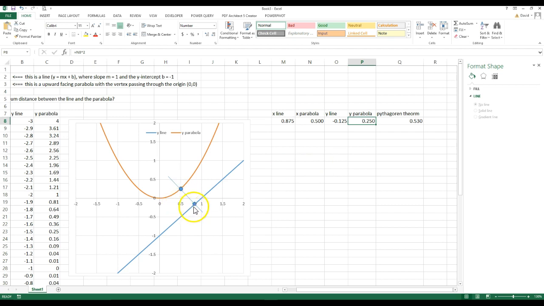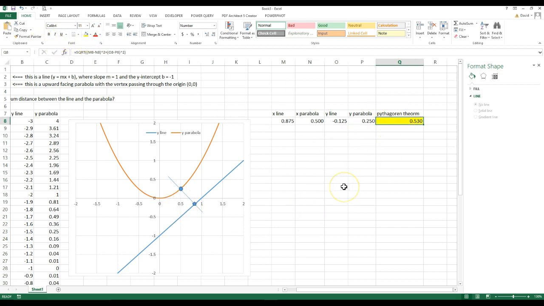We can check it over here: 0.875 and negative 0.125 for the line, and 0.5 and 0.25 for the parabola. We found that already using calculus. The distance between these two appears to be a little over half, if you look at one of these squares as a half. So our answer looks reasonable, so that's the answer.